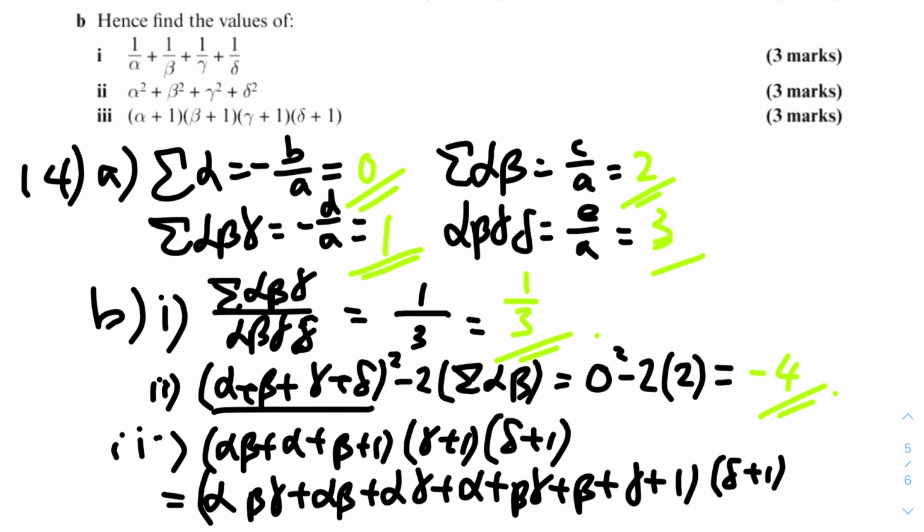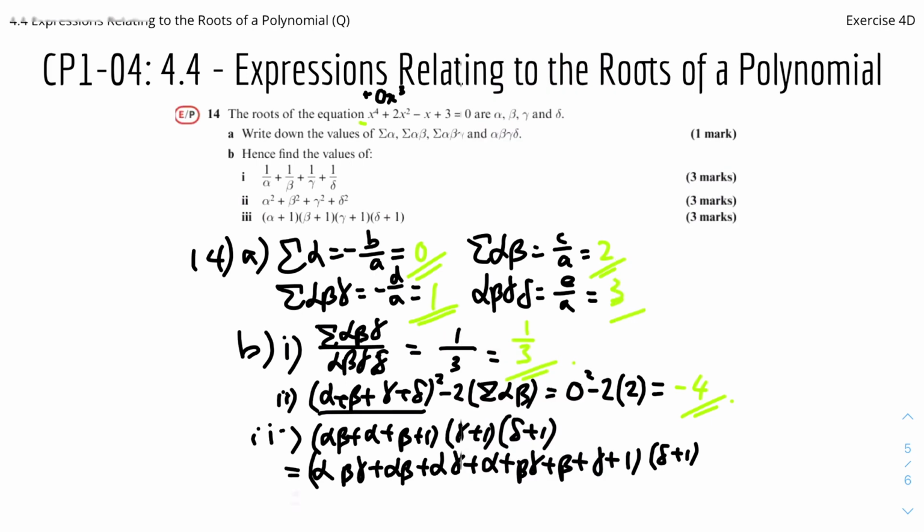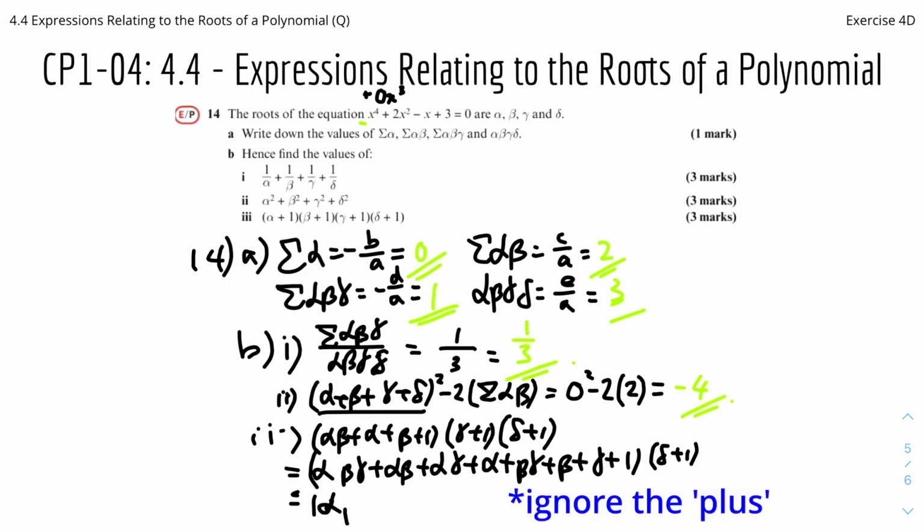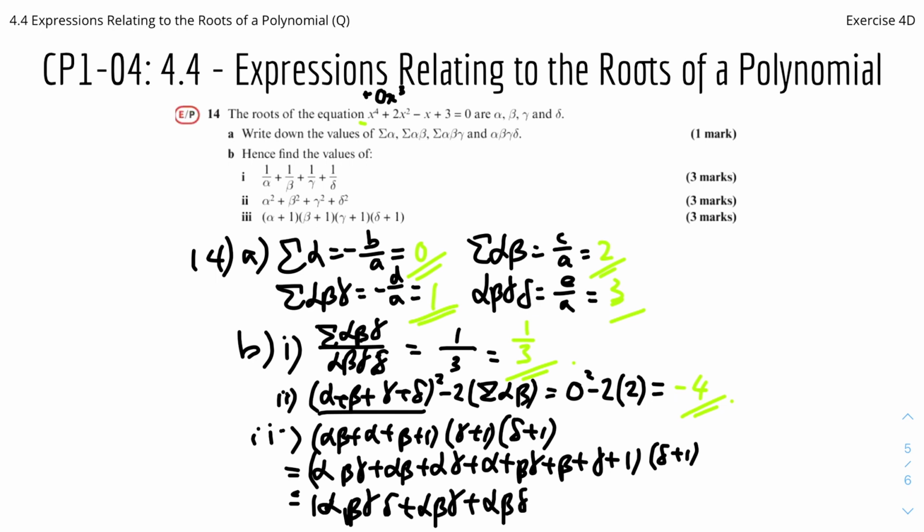And we need to do it all over again to find the sum. So it'll be alpha plus beta plus gamma plus delta, plus alpha beta gamma, and plus alpha beta delta, and so on. I won't bore you with all these calculations.